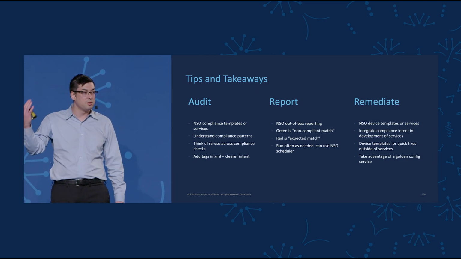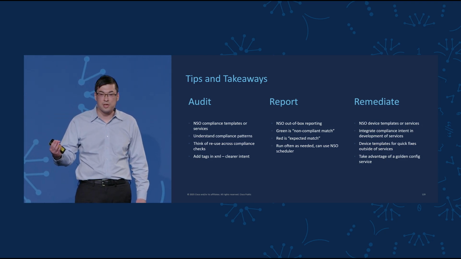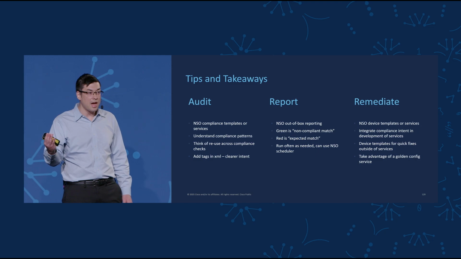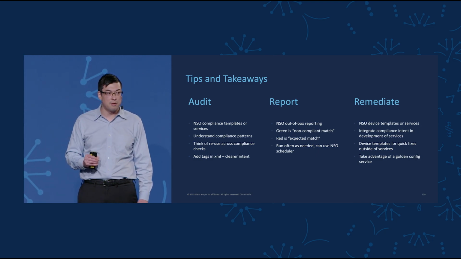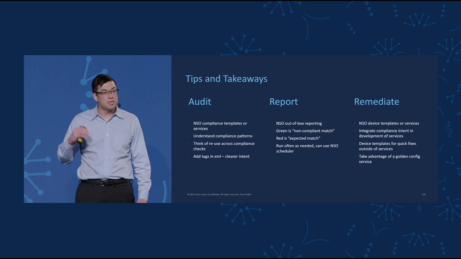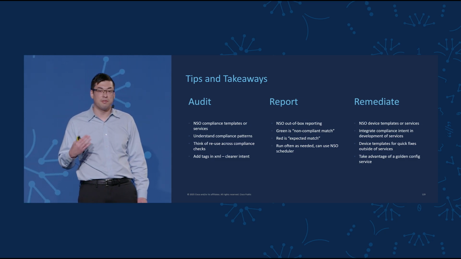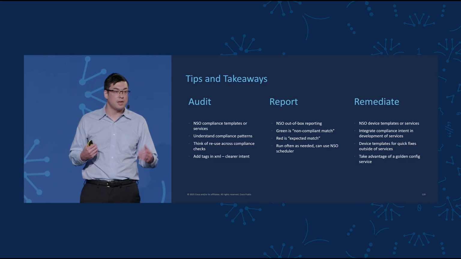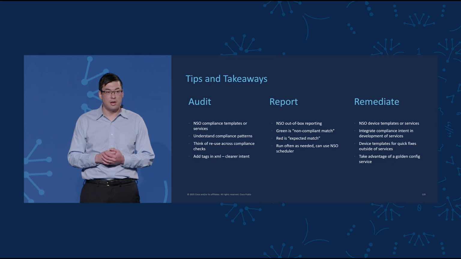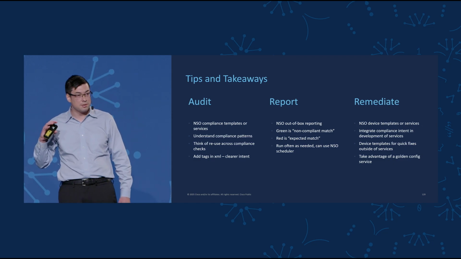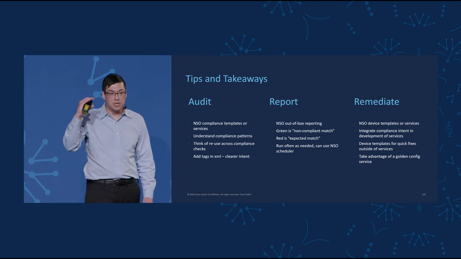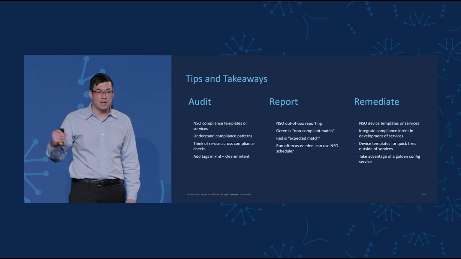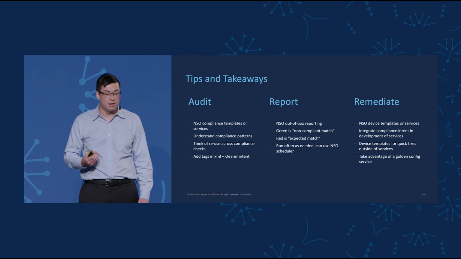We talked about the new revamped web UI for reporting and being able to have actual visibility into the non-compliant configurations in my network. And then we talked about remediation, using device templates and services. And then one useful thing we found as well is something like a golden config service, where we can check baselines and then audit the baselines, leveraging the benefits of FastMap.